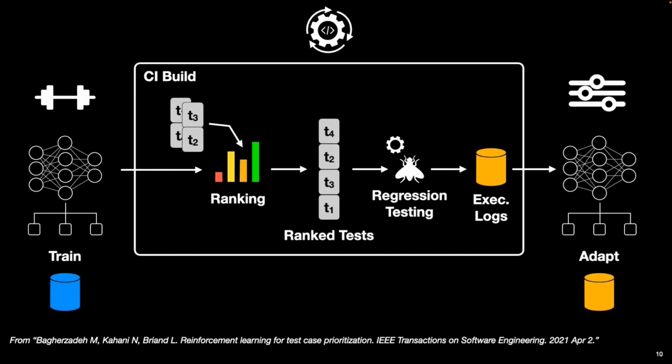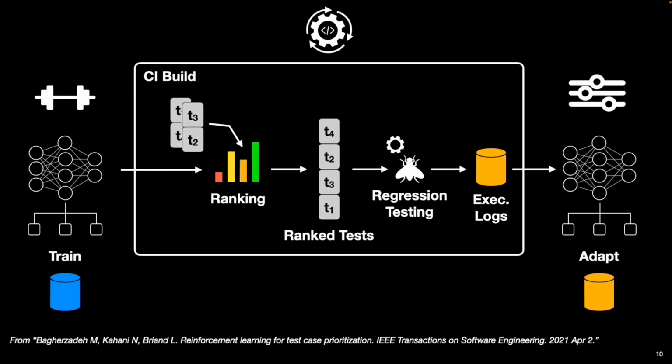So there is the first step, which is offline, in which we train the agent from the execution logs. And once the agent is trained, then we can apply it online. We can give it a set of test cases. The agent will rank them. We execute the regression test suite.